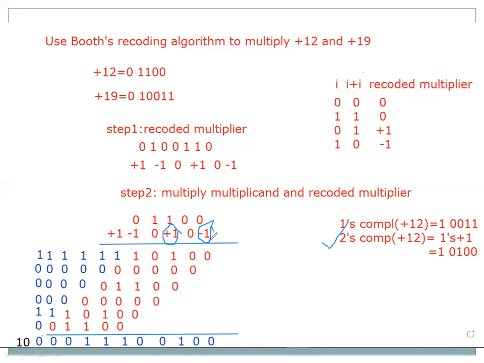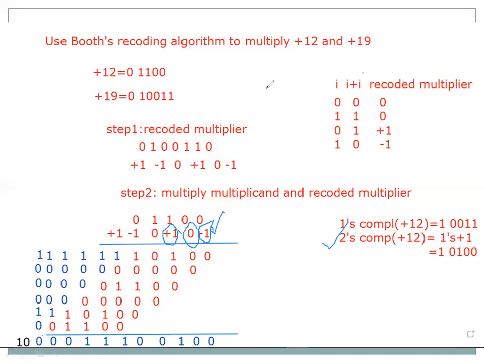If the recorder multiplier value is minus 1, you are going to use the 2's complement of the multiplicand. If it is plus 1, you are going to use the multiplicand as such. 0 means, you know very well, 0 into anything is 0.